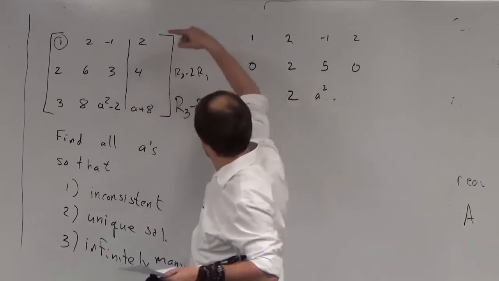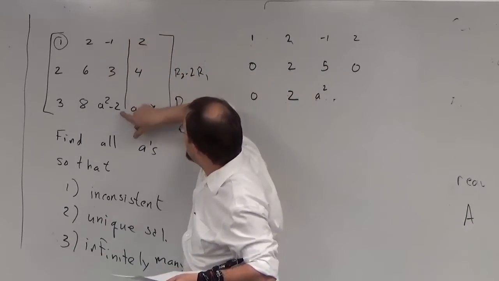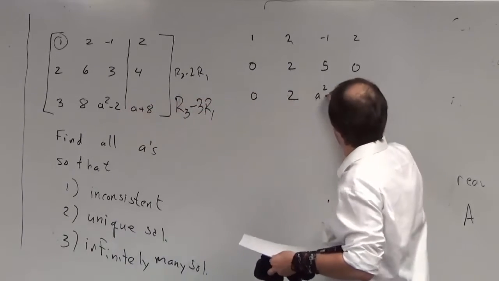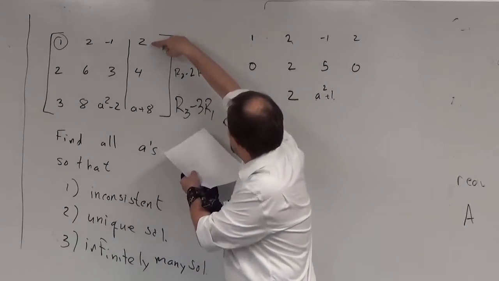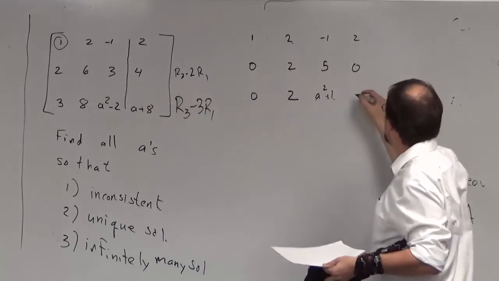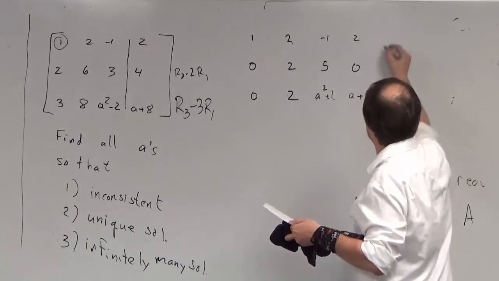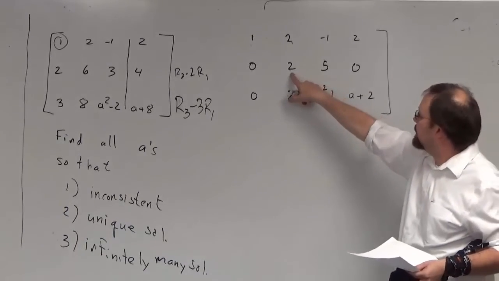Of course, when I multiply this by -3, I get 3, and I add it over here, so I'm going to get a squared plus 1 now. And 2 times -3, -6, plus 8 gives me 8 plus 2. Now I'm not even going to bother to get this to be a 1.